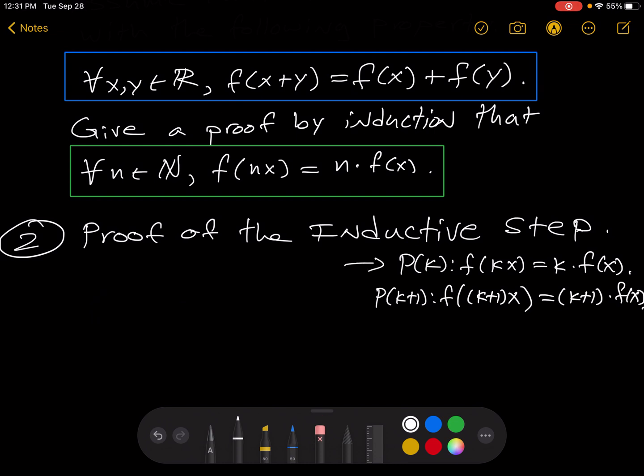And remember, this is the assumption. Assume. This is what we're trying to show or prove. To prove.